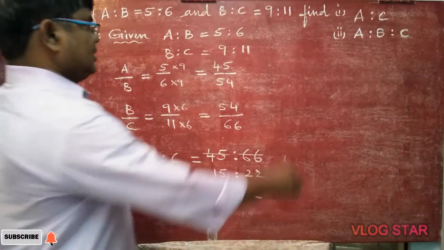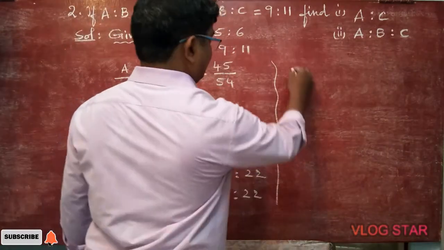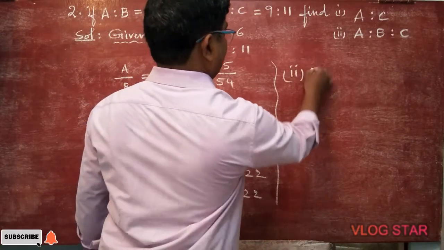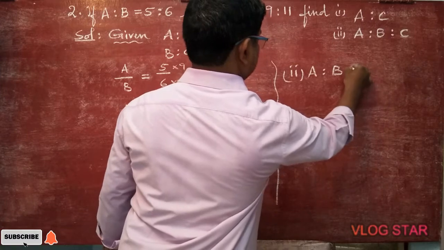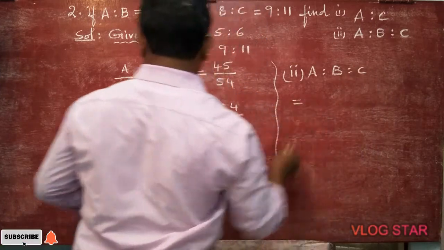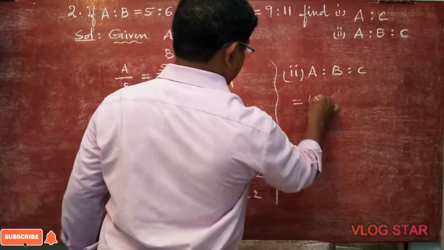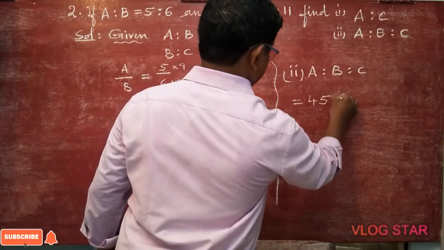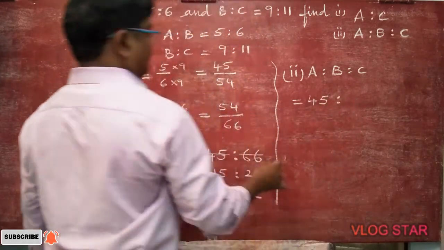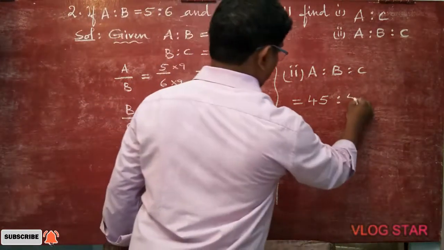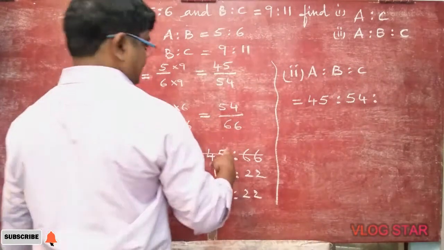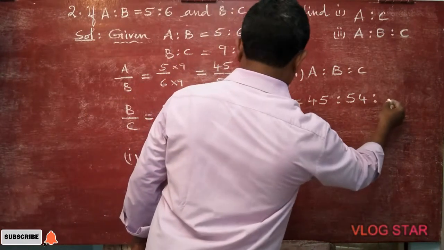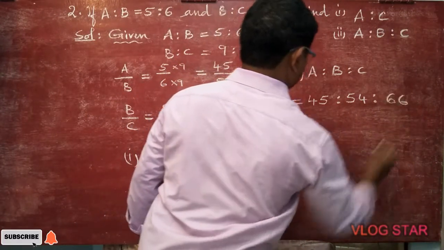Coming to the second bit. What is the second bit? A is to B is to C. What is A? 45 is to, what is B? 54 is to, what is C? 66.